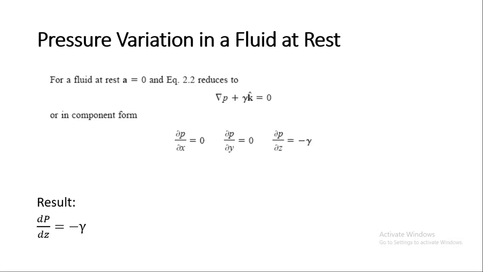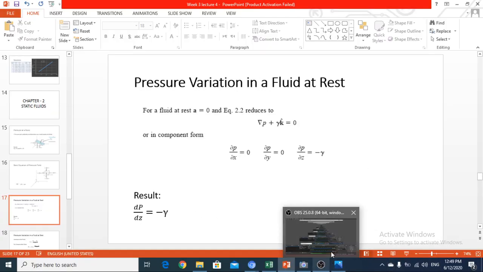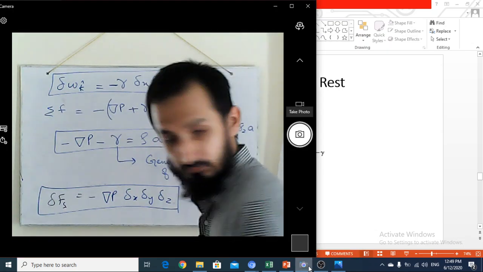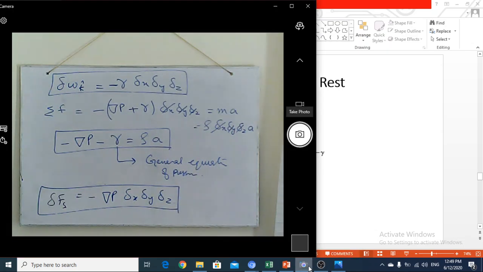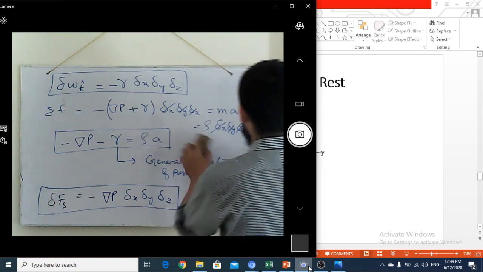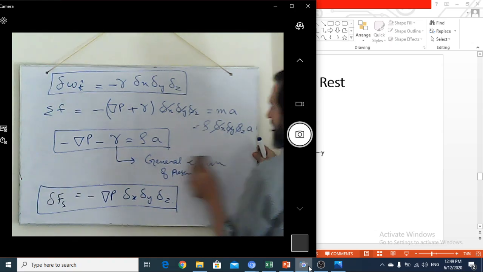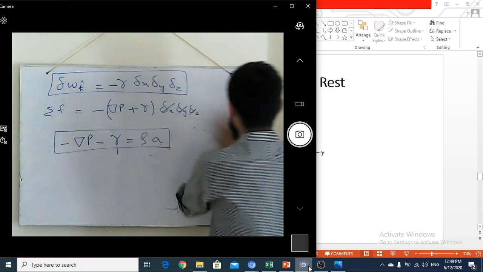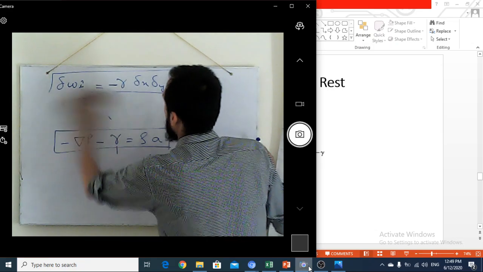The second case is how the pressure varies when the fluid is at rest. If the fluid is at rest, we come to know that this is the general equation. I just rub out all these things except this equation.